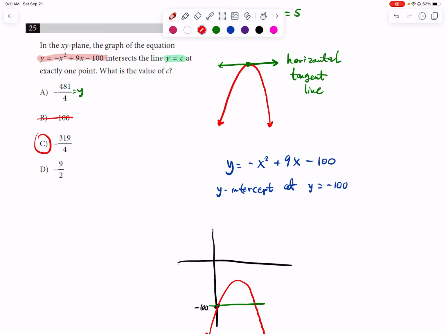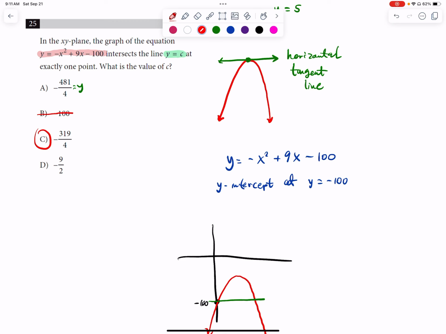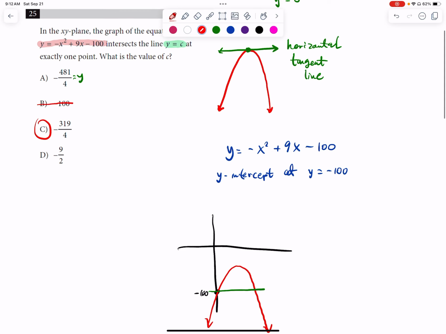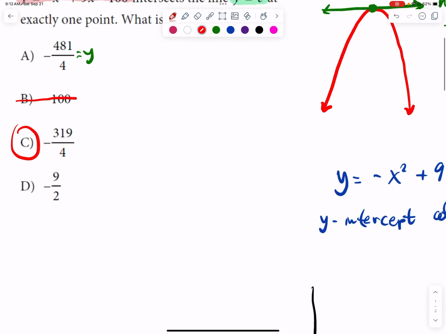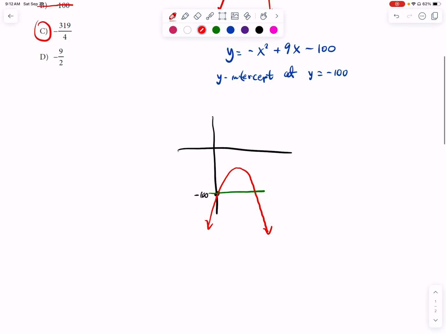So way back when, there were calculator active sections and calculator inactive sections. And this one, I think, is a much harder question if you had to do it by hand, if you didn't have access to the calculator. So I'm going to use this opportunity to teach you a few things about quadratics in general, and like how I can get this answer without relying upon Desmos as cheat codes. So here we go. It goes a little bit like this.